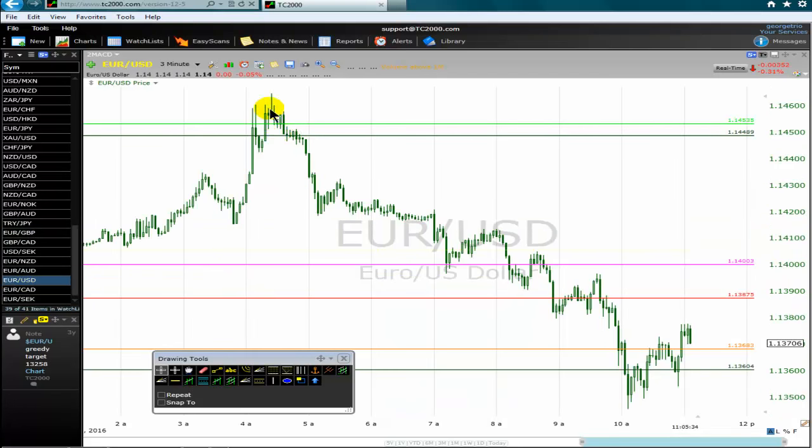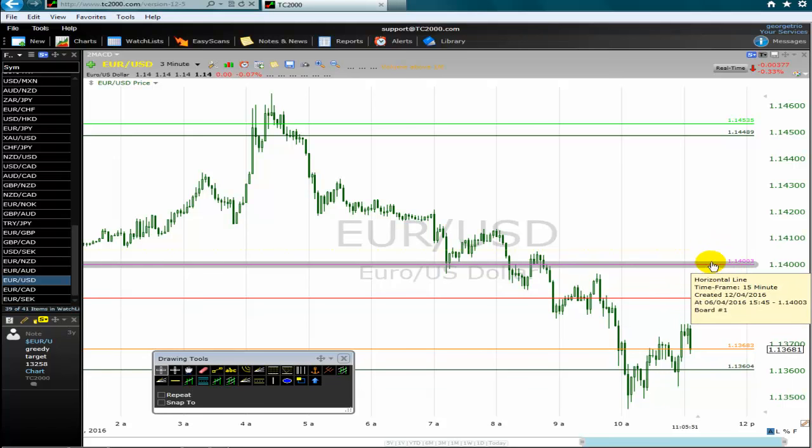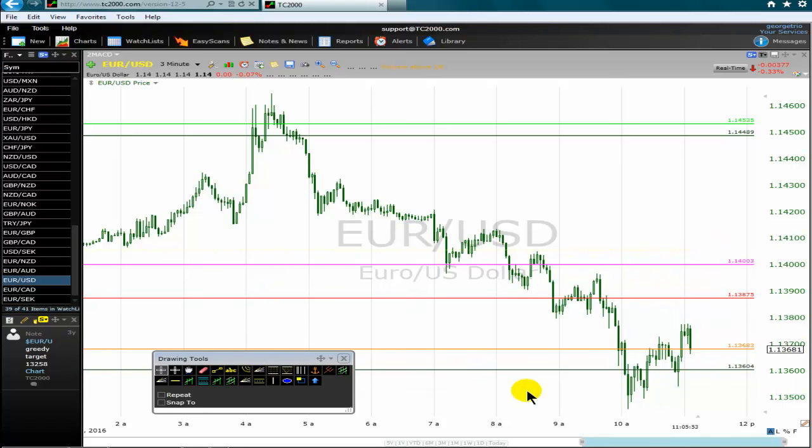So this is the Euro dollar, okay, on the 3-minute time frame, it's going down nicely, but now it's forming a kind of higher lows here on the 3-minute time frame. So if the Euro dollar starts going down and the market becomes very bullish towards the Euro, the Euro British pound may benefit from that also.